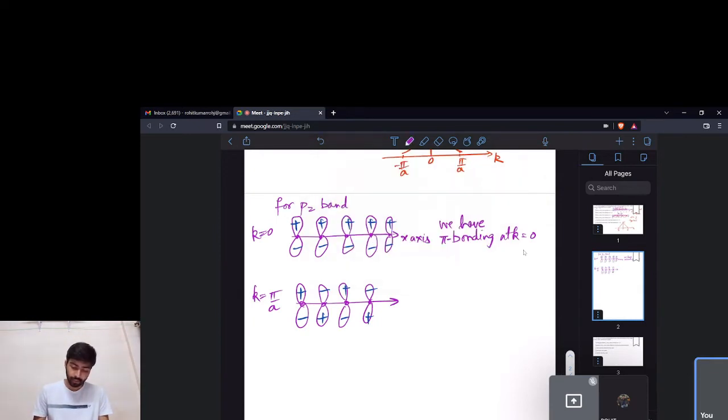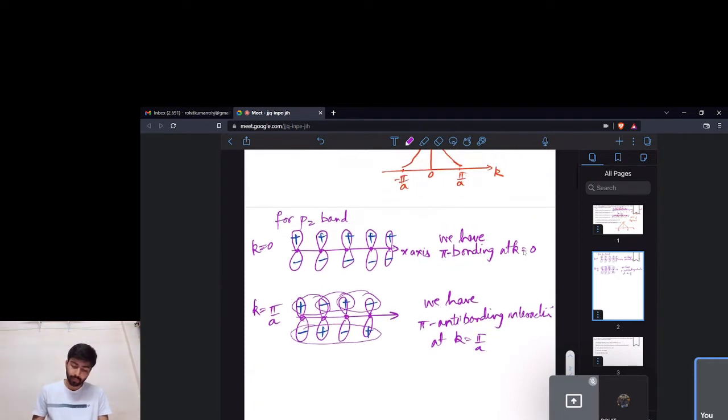So what we have here are the anti-bonding interactions between these lobes. We have pi type anti-bonding interaction at k is equal to pi by a.